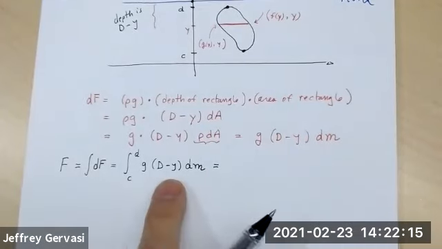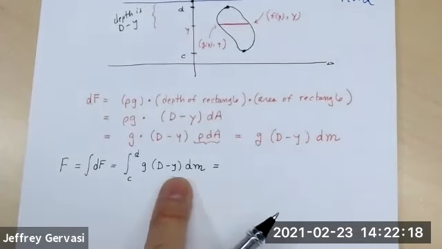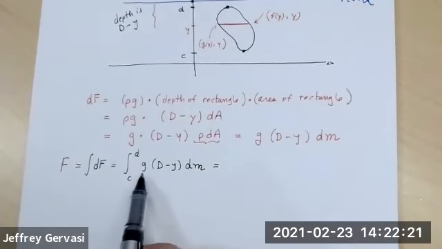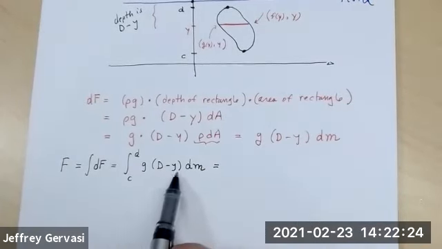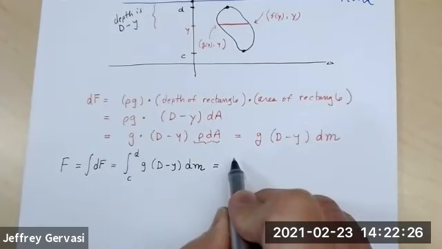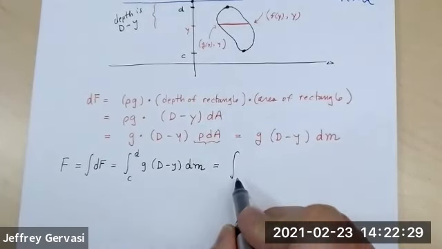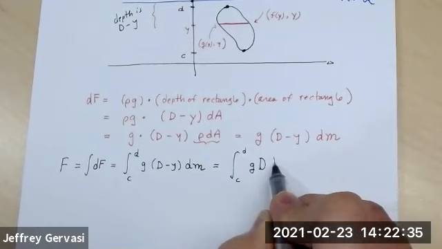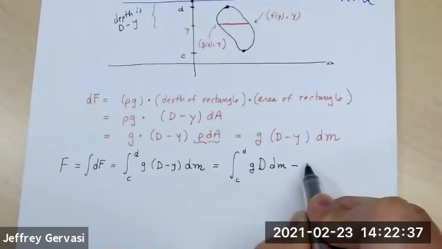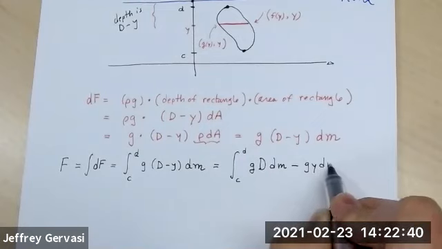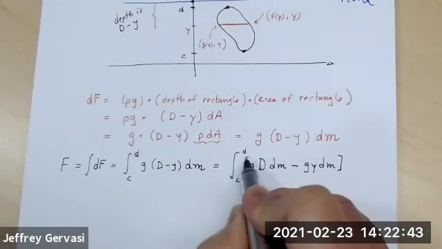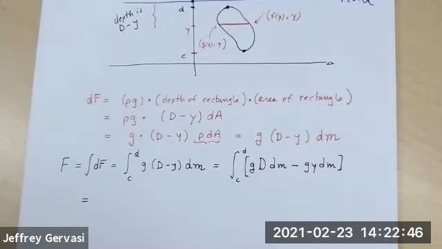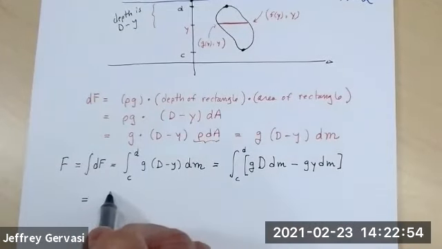Okay, now I'm going to algebraically manipulate this expression for a few steps, gang. First, I am going to distribute the g and the differential of m through this expression. How's that look? Okay, then I'll split that up into two integrals.